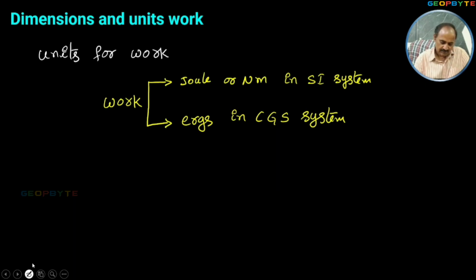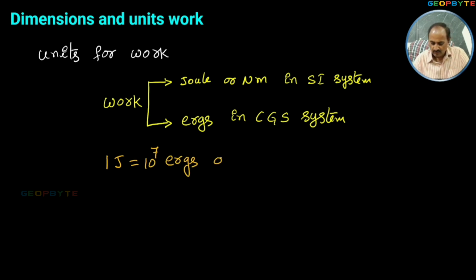The relation between joule and erg is 1 joule equals 10 power 7 erg, or 1 erg equals 10 power minus 7 joules.